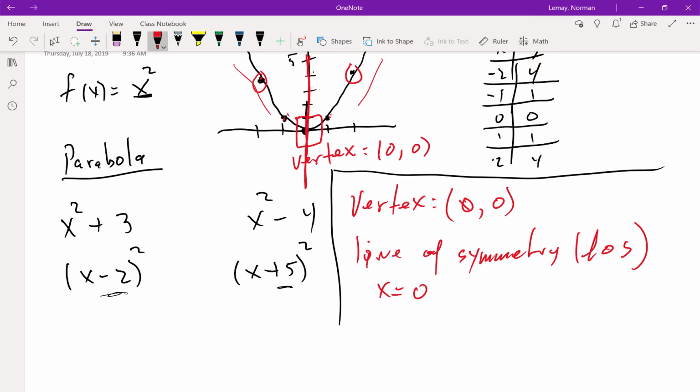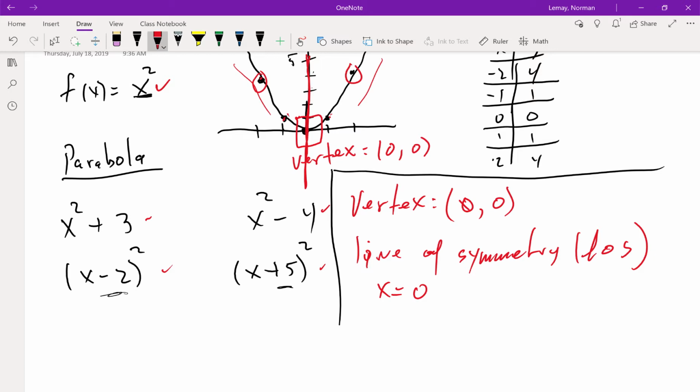This is a property that you'll discuss a lot in your college algebra course, so we're just going to introduce it here. What we're looking at here, and how these constants have an effect on the graph of x squared, is also something you're going to discuss next semester in your college algebra course.